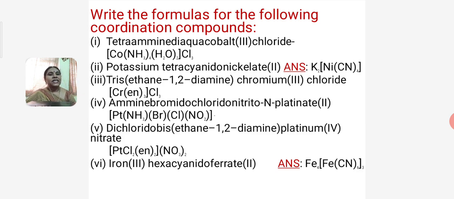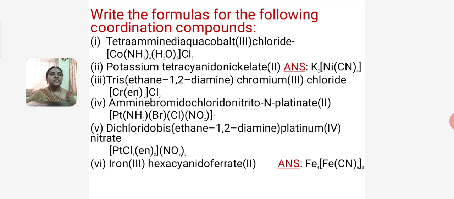Next complex is iron(III) hexacyanidoferrate(II). Here there are two iron atoms, the central atom and also the counter ion are iron atoms. In case of the counter ion, the iron atom is in +3 oxidation state, while the central metal ion is in +2 oxidation state. Now let us begin writing.